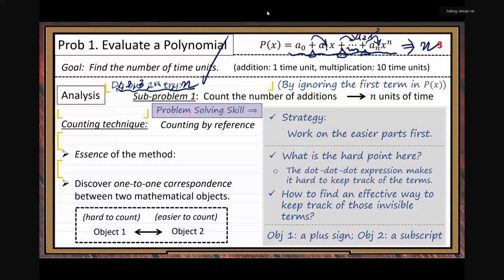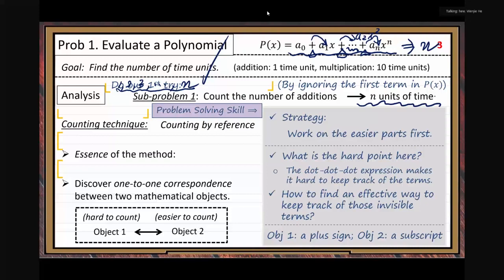In our assumption, one addition uses 1 unit of time, so n additions here use n units of time. That's the addition part.